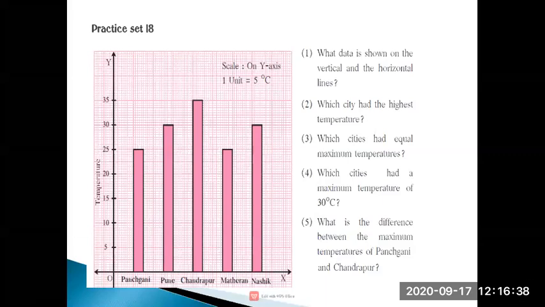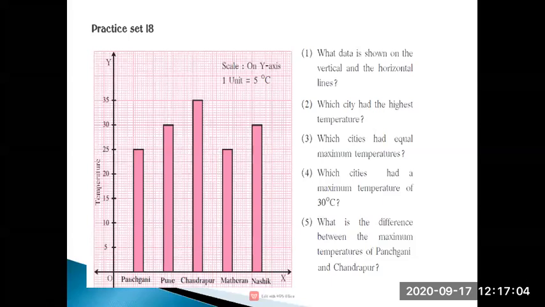I'm dictating the answers. Just listen properly and write down in your book. The temperature of the cities. See, this is a statement sum, so you have to write in a statement. You will not write only the answer, that is cities and temperature. You will write in full form.